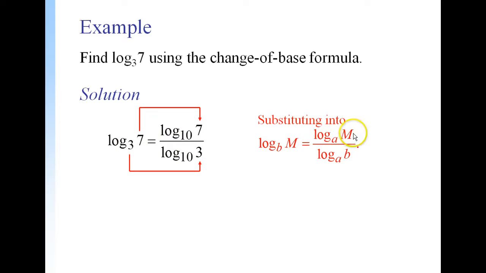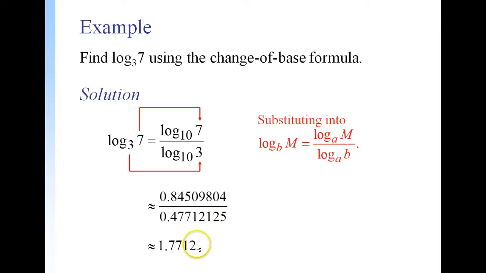So it's log of 7 divided by log of 3, which you don't get these. You just plug it in and hit enter, and you get the answer, which is this, rounded to 4 decimal places. Now we'll be practicing this in our supplemental additional exercises.